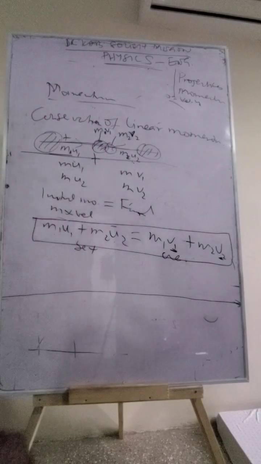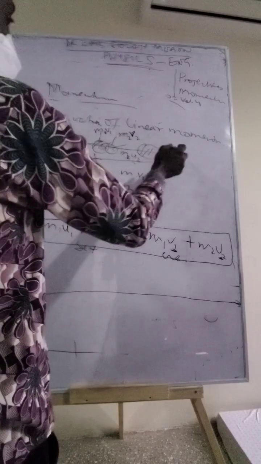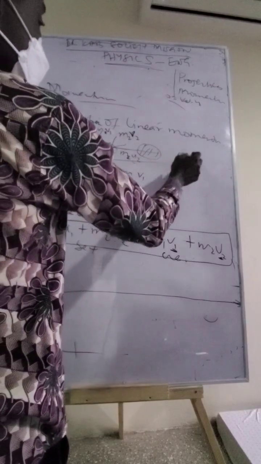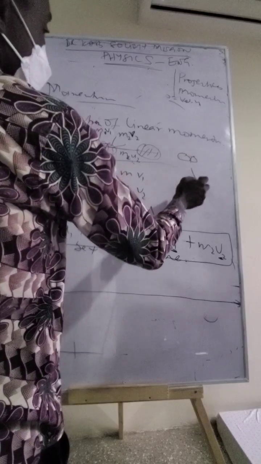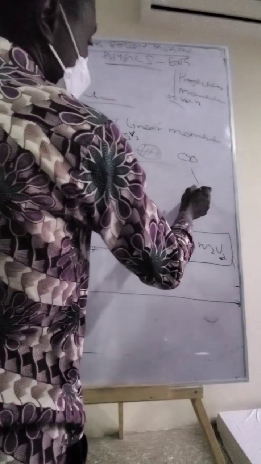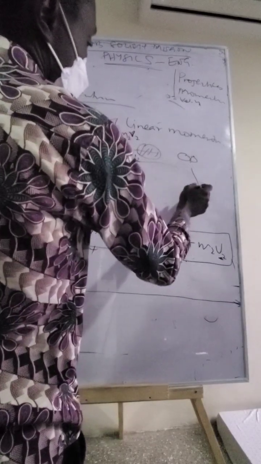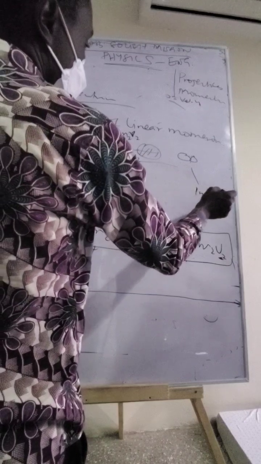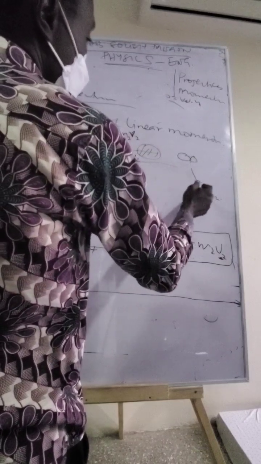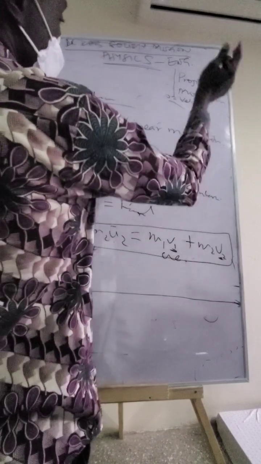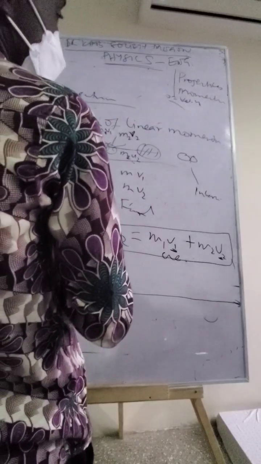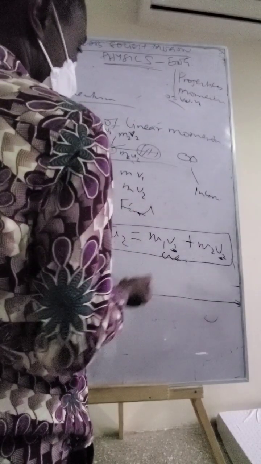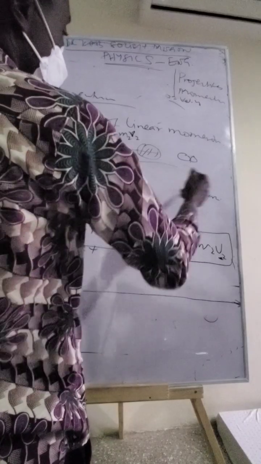Alright. But remember that even if they move at an angle after they collide, the two can stick together. If they stick together, then that is inelastic. It means more energy is changed at the end; we have lost a lot of energy.